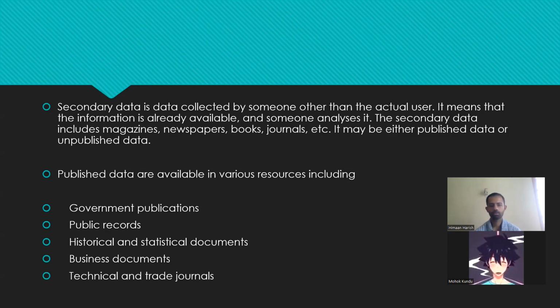It is not like the primary form of data, where first-hand information is collected. It is rather collected by someone other than the actual user himself or herself. The information is already available and someone just analyzes it. Secondary data includes magazines, newspapers, books, journals, etc. They are available in the form of government publications, records, historical and statistical documents.